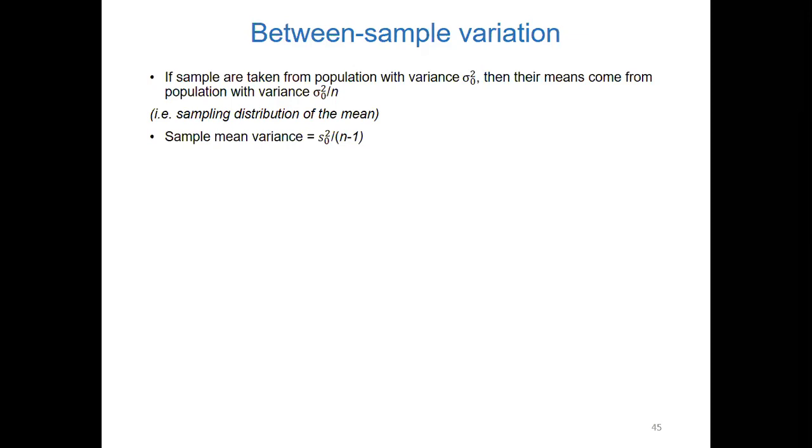When you take the sample mean, instead of sigma square you should take the variance of the mean, that is sigma square divided by n. That is the population mean variance, right?